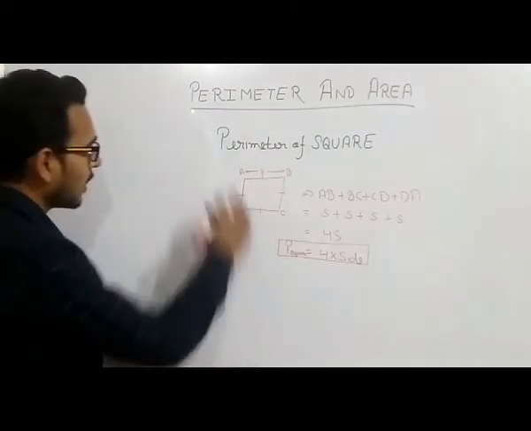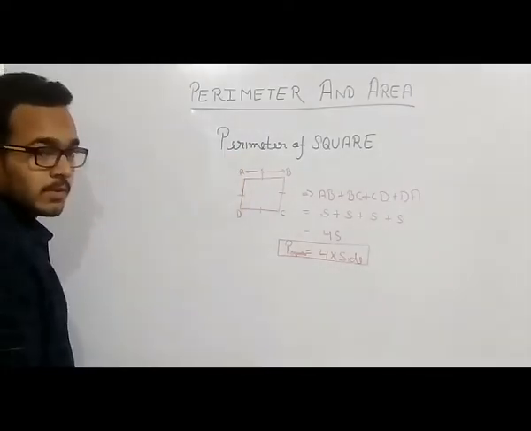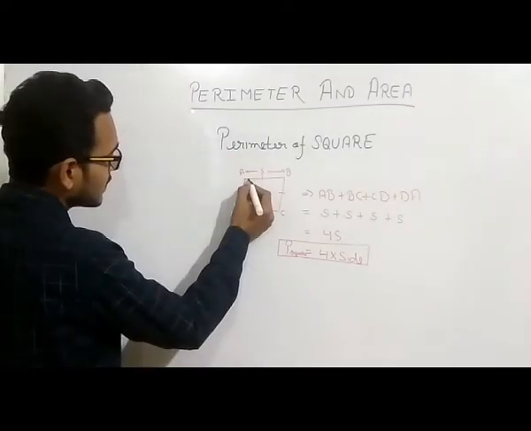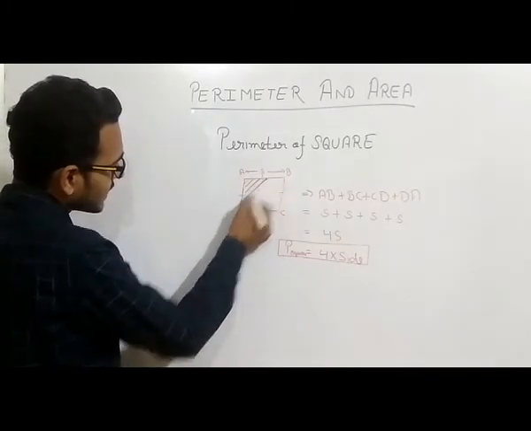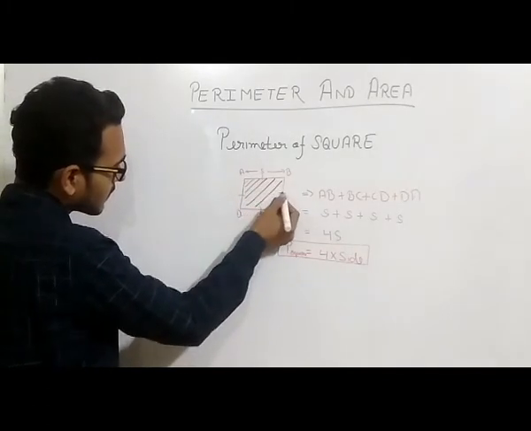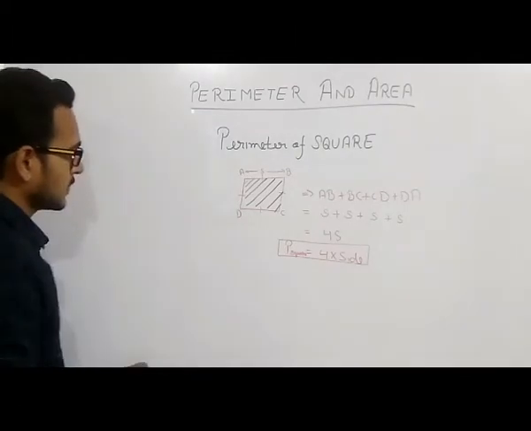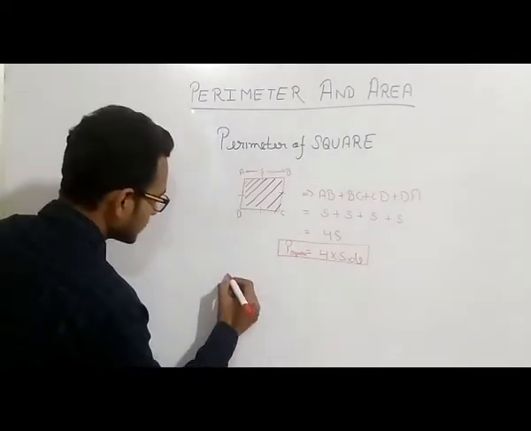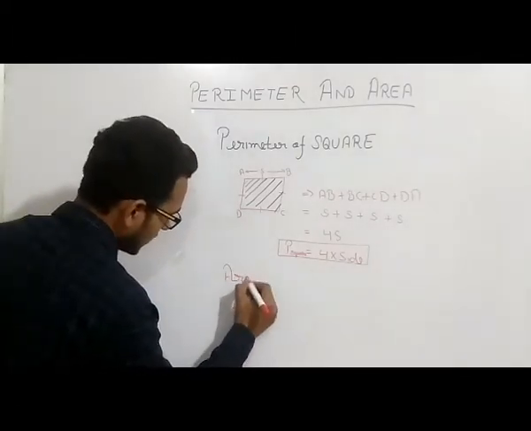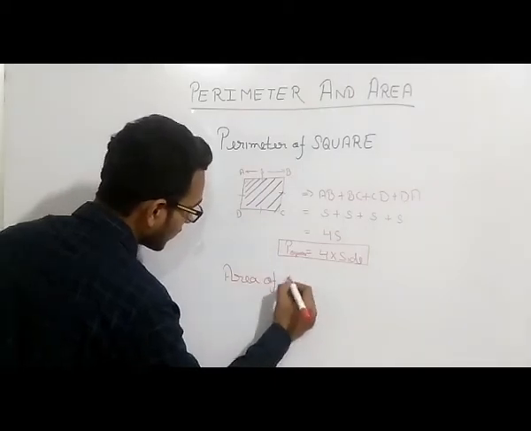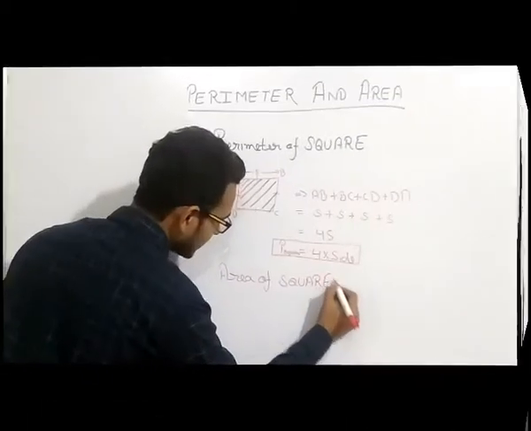In this way we find the formula related to the perimeter of the square, 4 into side. How do we find its area? The black shaded region is the area of the square.